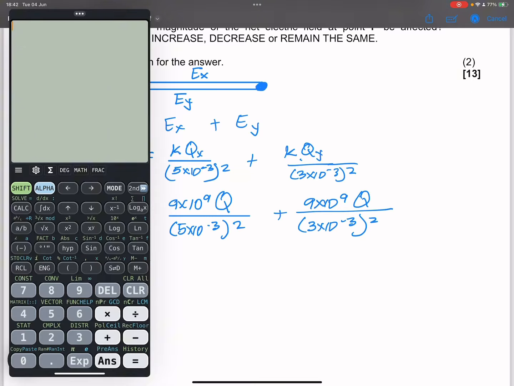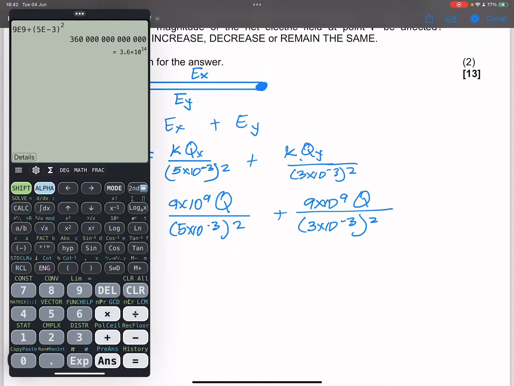So let's do that. The first one is 9 exponent 9 divided by 5 exponent negative 3, squared.